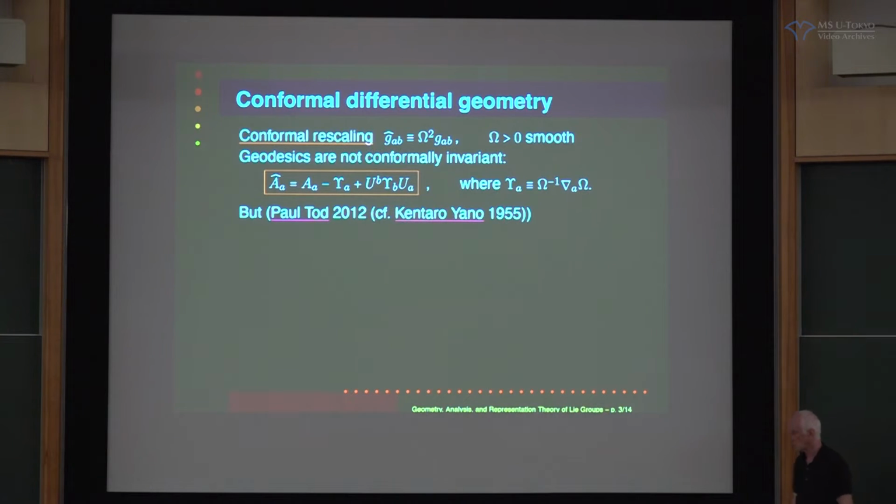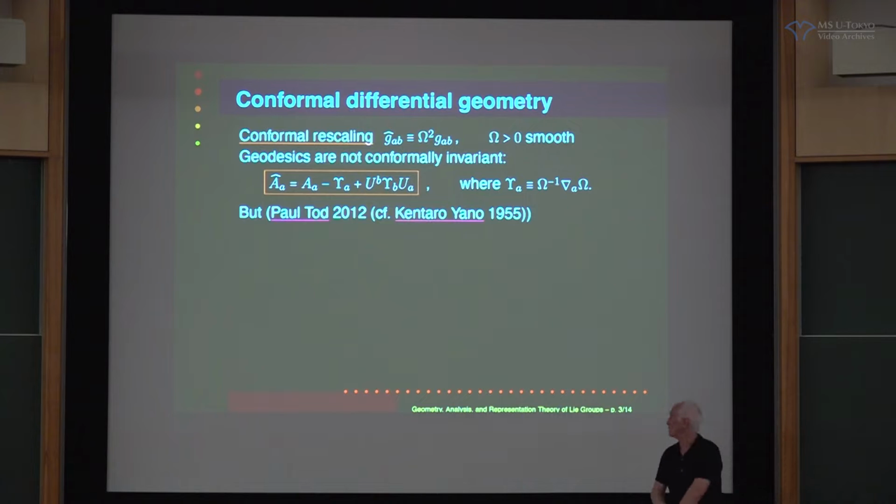But, and this is the first amazing fact about conformal geometry, the formulation I'm about to give you is due to Paul Todd just 10 years ago. But the notion itself is due to Yano a long time ago, 1955.